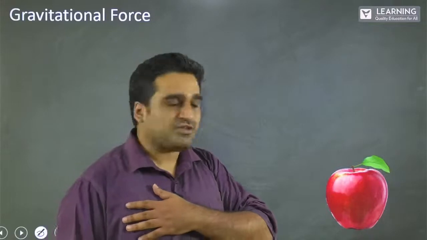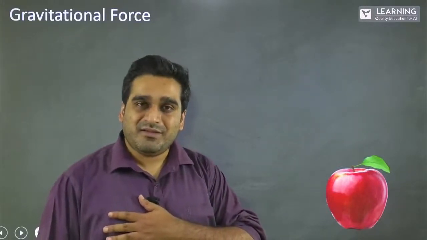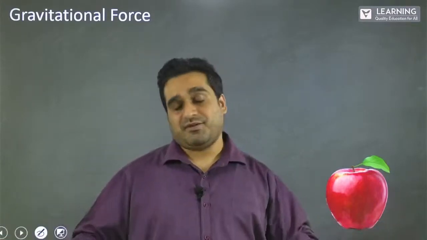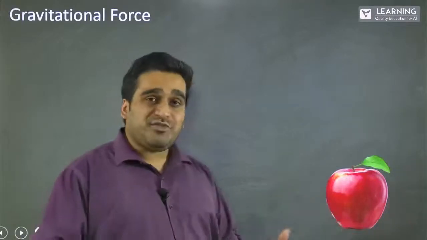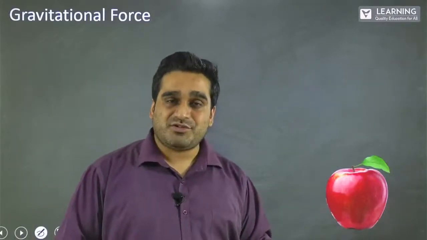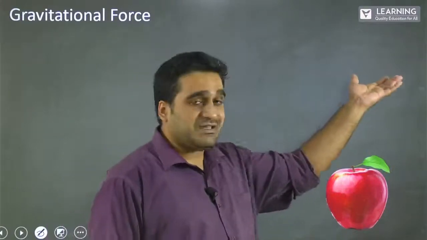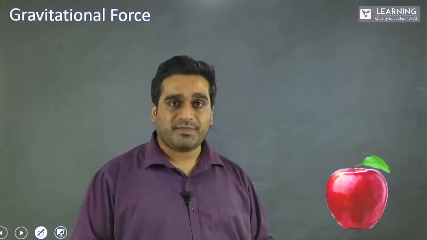Did anyone apply force towards the earth? Well, that's because of the earth itself, which is very massive compared to us. It is producing its own gravitational force towards the center of the earth. So any object that is let go will fall towards the center of the earth.